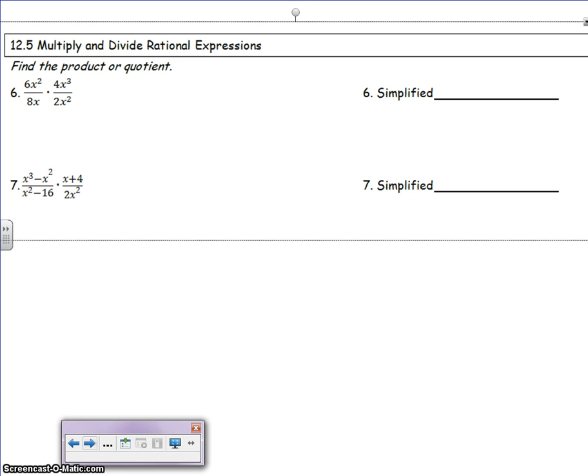Let's look at the multiplication problems, okay? There's two ways to do these. Remember, we can multiply then reduce, or we can reduce then multiply. So for this first one here, I'm going to go ahead and multiply straight across. 6 times 4 is 24. x to the second over x times x to the third is x to the fifth. And in my denominator, we will multiply and have 16x to the third.